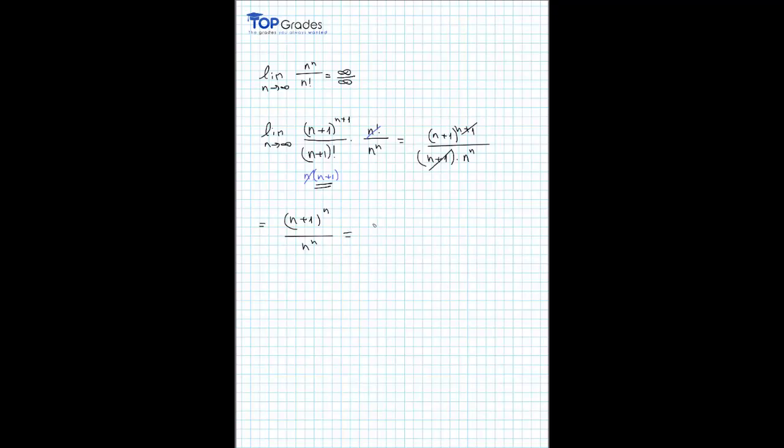We can write it like this: n plus 1 divided by n, using the rule of powers. And now, if I plug in infinity, we get 1 in the power of infinity. What is this? It's Euler's theorem, or Euler's limit.